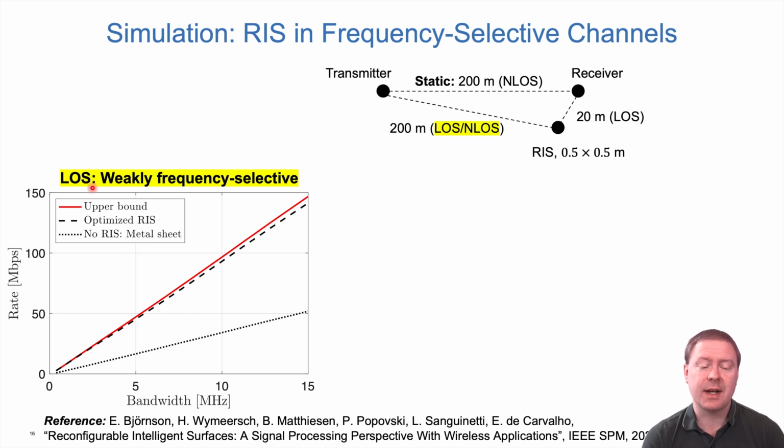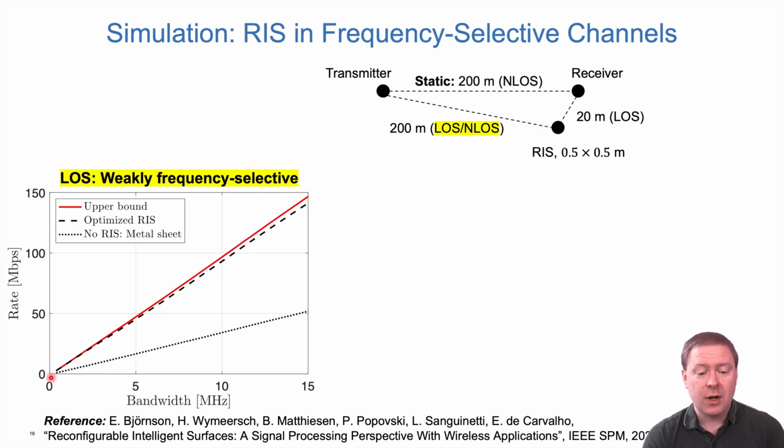If we have a line of sight path, well then here are the data rates in megabits per second that we can deliver depending on how much spectrum we have. One curve here is what we get as an upper bound for the case where we can be optimizing the RIS individually on each of the subcarriers in some kind of digital beamforming like approach. So that is the best that we can ever do.